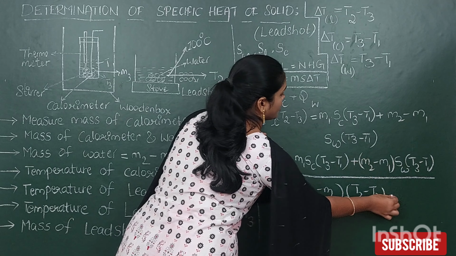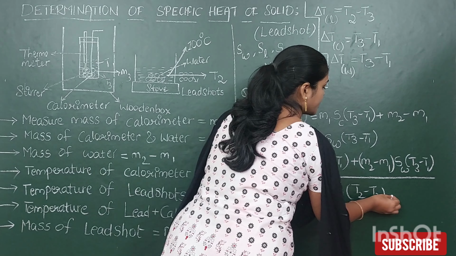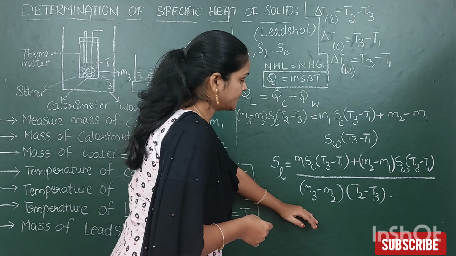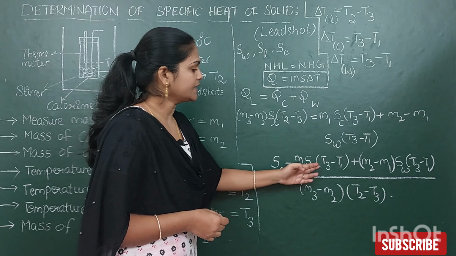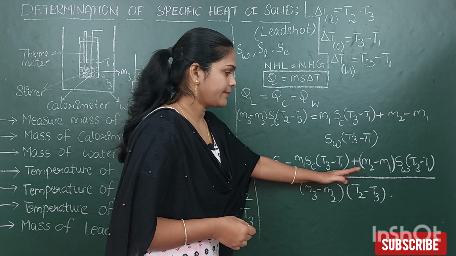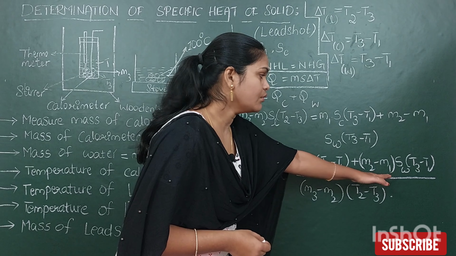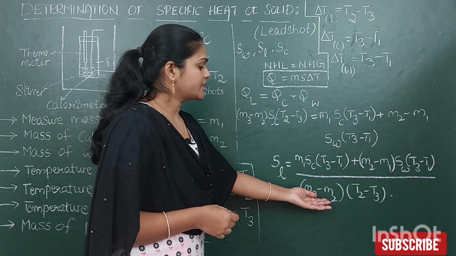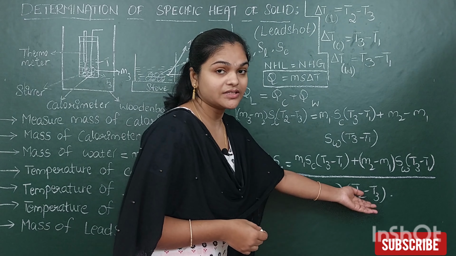Yes. So what is the specific heat of lead shots? We have derived it. It is M1 SC into T3 minus T1 plus M2 minus M1 into SW into T3 minus T1, divided by M3 minus M2 into T2 minus T3.